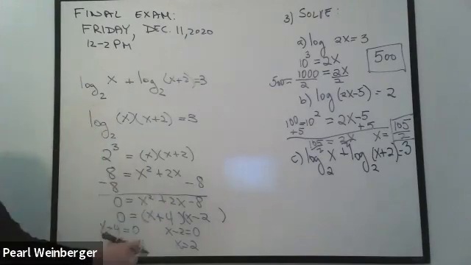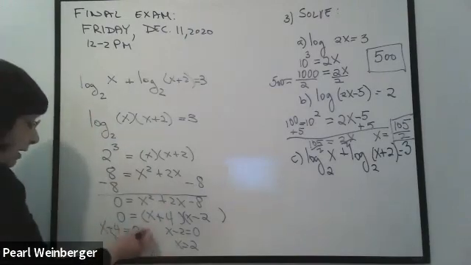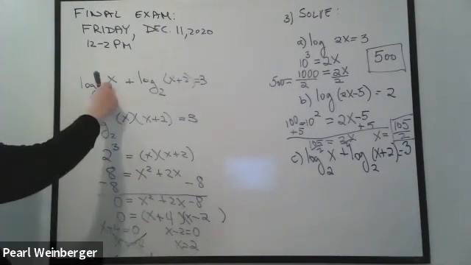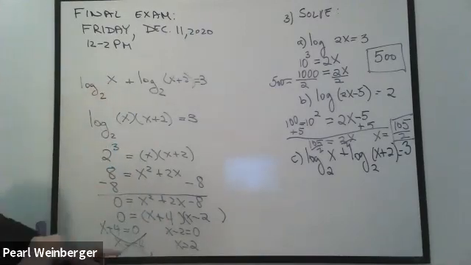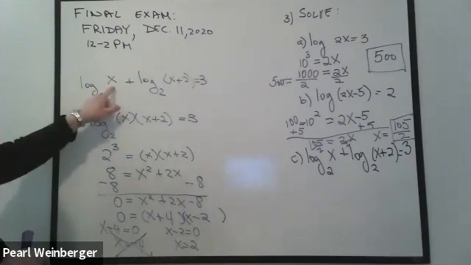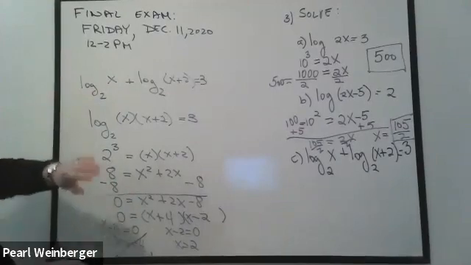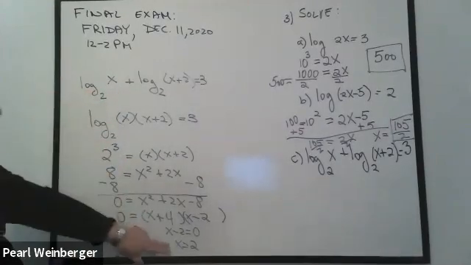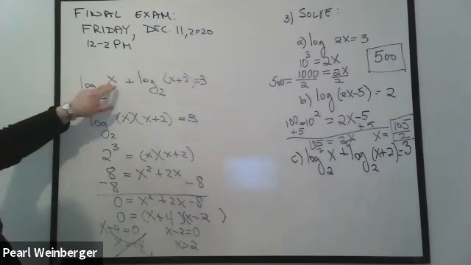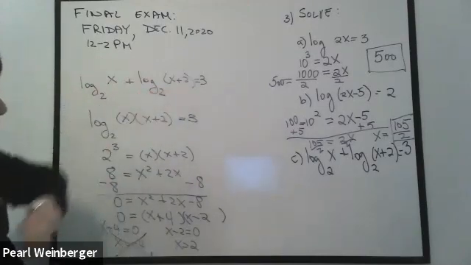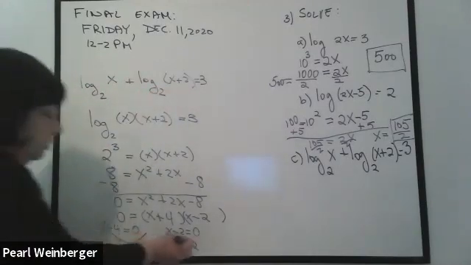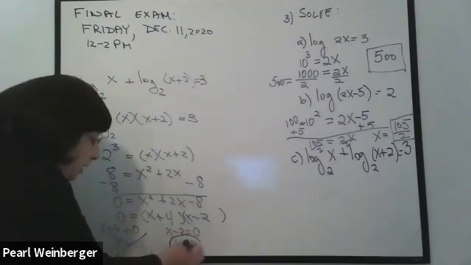So this x being -4 can't be used because it would entail using a negative number with a log, and the domain of the log is positive only. The 2 works because this is positive and 2 plus 2 is 4, which is also positive. So we end up with only one answer.